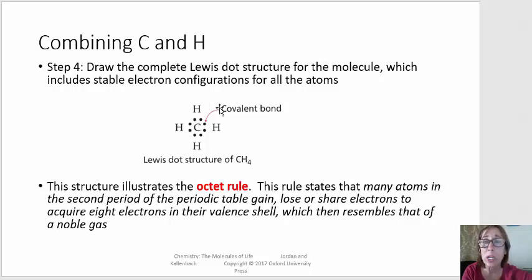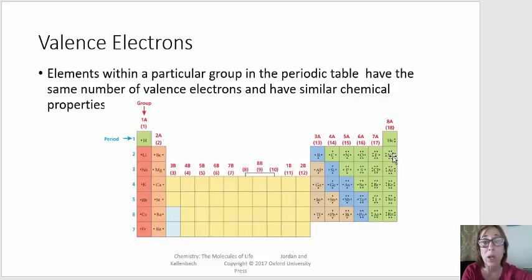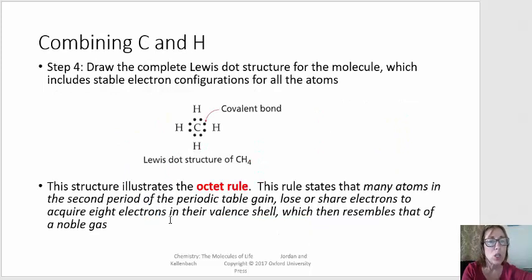And one thing that this Lewis dot structure represents is the octet rule, which states that many main group elements want to gain an octet of electrons because that is the number of valence electrons that the very stable elements in group 8A have, that filled shell, if you remember.